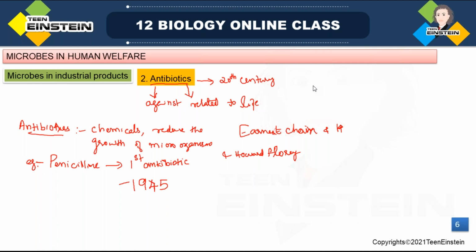Then industrial products we have learned, the microbes used in brewery and bakery, and you have to remember their scientific names. Then antibiotics, and different antibiotics. This and all we need to learn. Okay, thank you.